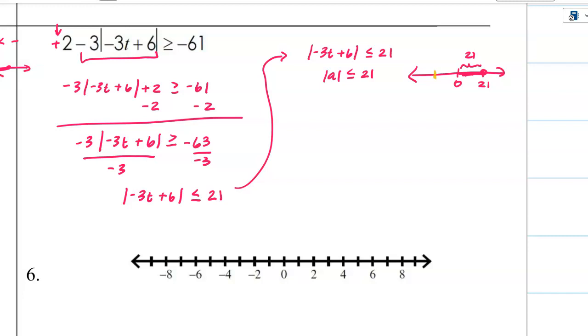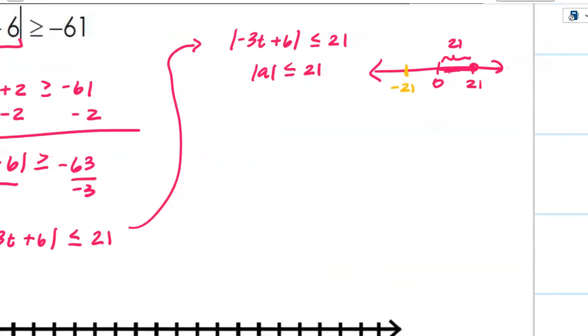Or, remember, this side, even though it's -21, this distance is also 21, so it has to be all of this also. So I take whatever a was, -3t plus 6, and I say, yes, it is less than or equal to 21, and it has to be greater than or equal to -21.